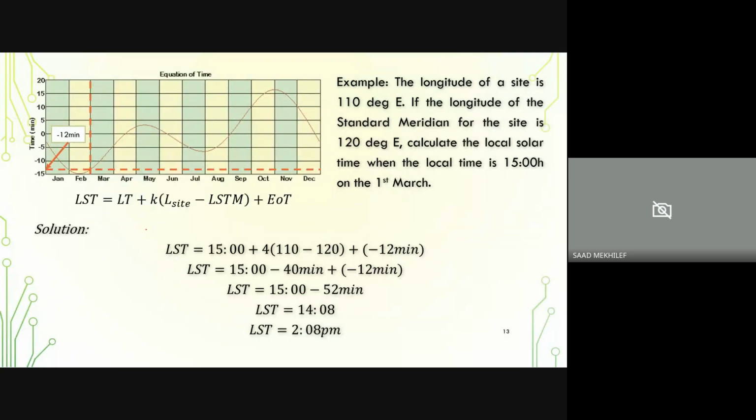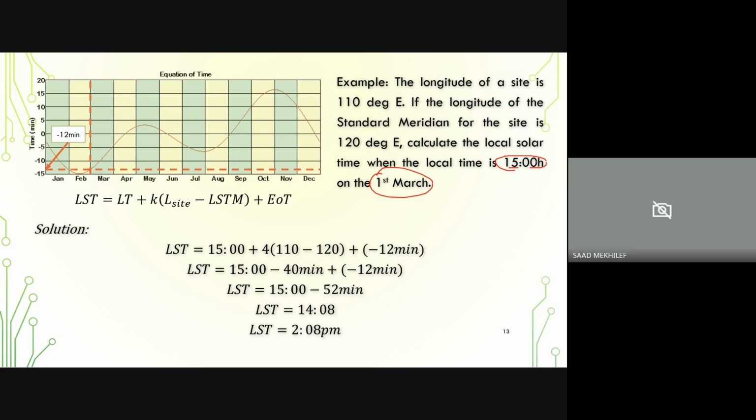And this is the LST, for example. We have LST for a certain location. For example, we have a longitude of site which is 110 degrees east, and the LSTM longitude is around 120 degrees. Calculate the local solar time when the local time is 3 p.m. on 1st of March.